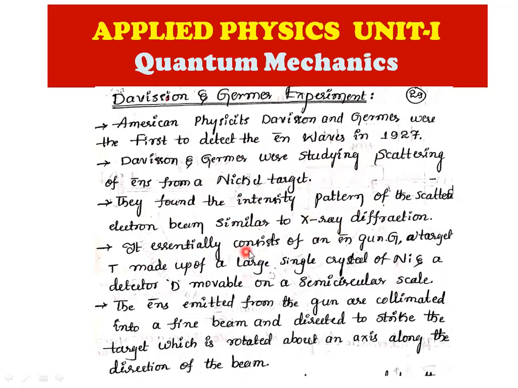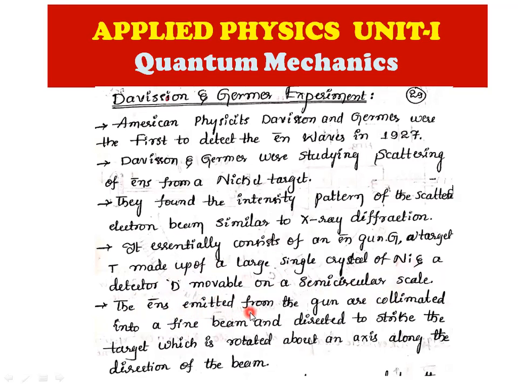It essentially consists of an electron gun G, and a target T made up of a large single crystal of nickel. A detector D is movable on a semicircular scale.